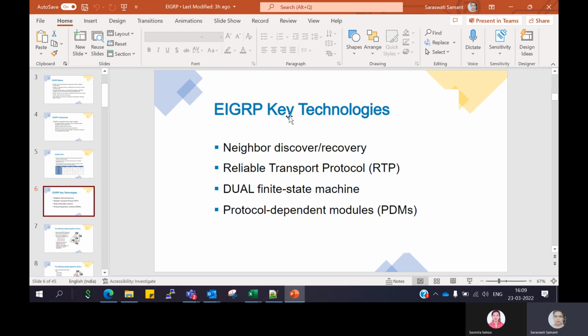So what exactly are the EIGRP key technologies? Neighbor discovery recovery, reliable transport protocol, DUAL, and protocol dependent modules.